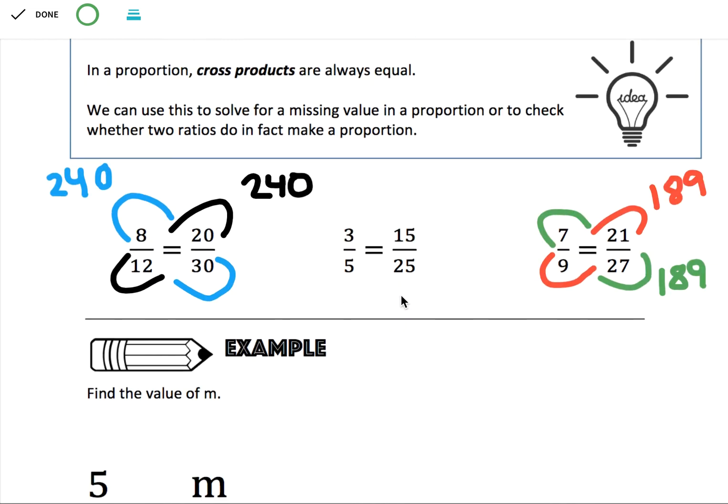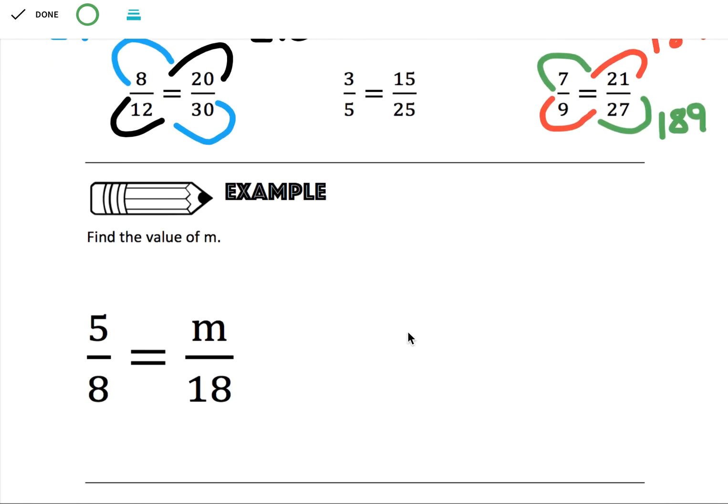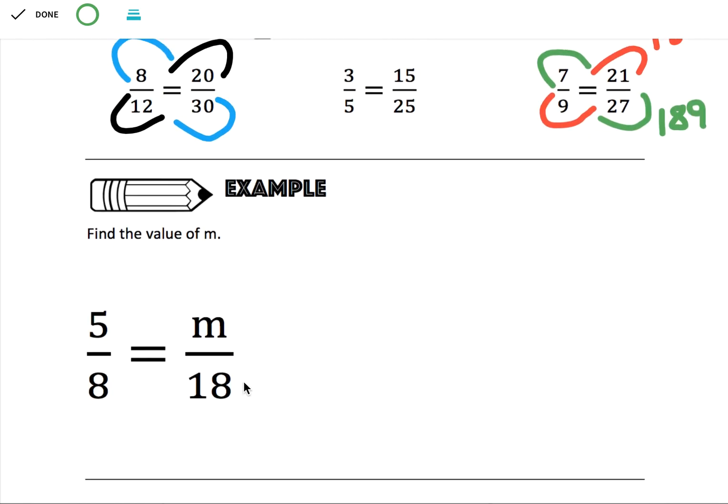So we can use this principle of math that cross products are always equal to solve if we have an unknown in our proportion. So 5/8 is equal to some number over 18. So what we can do is draw out our butterfly wings, and we know that those cross products are equal.